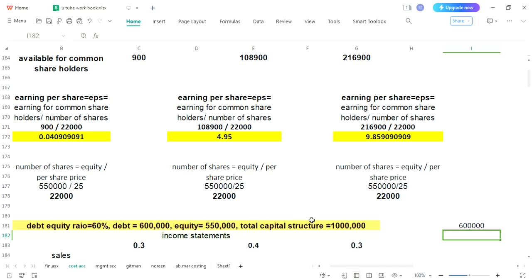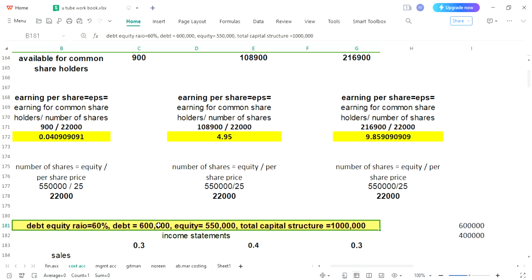If out of 1 million, 6 lakh is debt, then how much would be equity? 1 million was the total capital structure, out of which 6 lakh is debt and the remaining amount is 4 lakh. That would be arranged by owners and equity would be equal to 4 lakh.